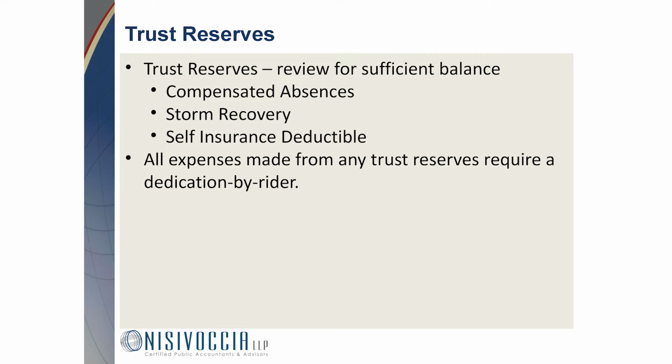Another one that we have is you have the ability to have a reserve for your compensated absences. As you know what your liability is, which is disclosed in your footnotes, you have the ability to set aside some money to pay those compensated absences if you need to, instead of having to run it straight through the budget in the current year. I know this has changed over time as people have gotten control of their balances on a go-forward basis.